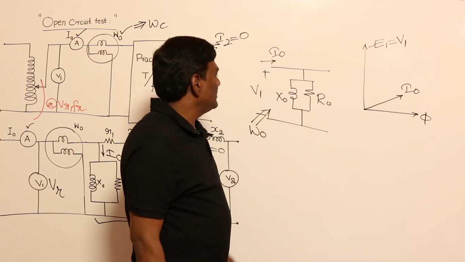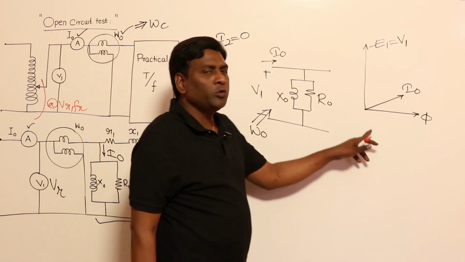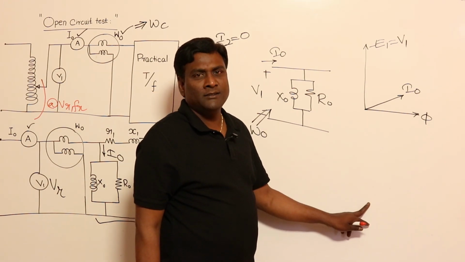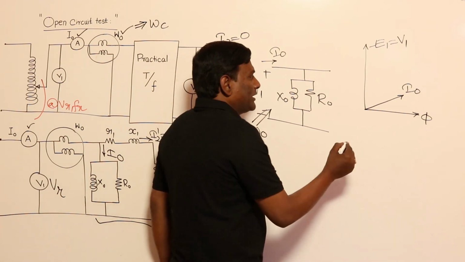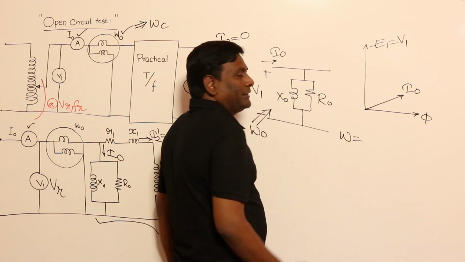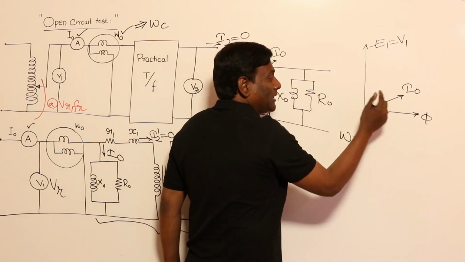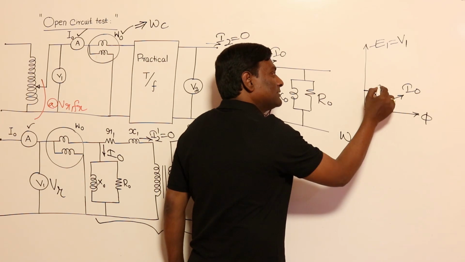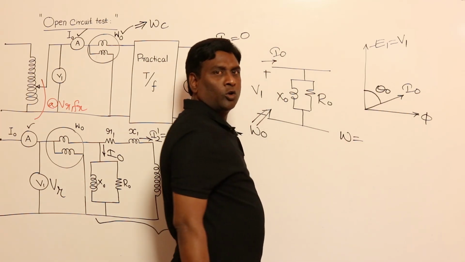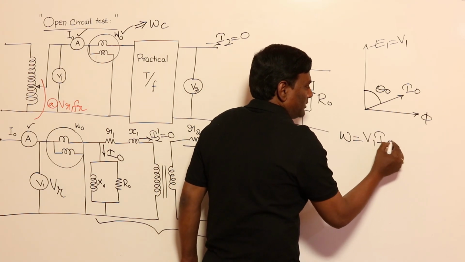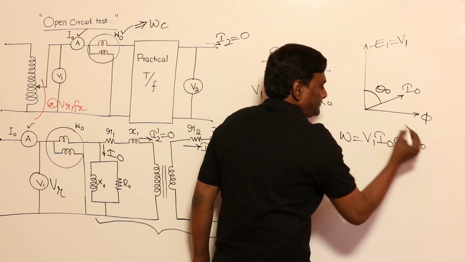Because I2 is not flowing, I2 dash will not flow, so I need not bother about the secondary side. Now, what is the wattmeter reading? The wattmeter reading here is going to be voltage multiplied by current multiplied by cos of the angle between this and this, that is theta naught, the no load power factor angle. So this is going to be V1 I0 cos theta naught.